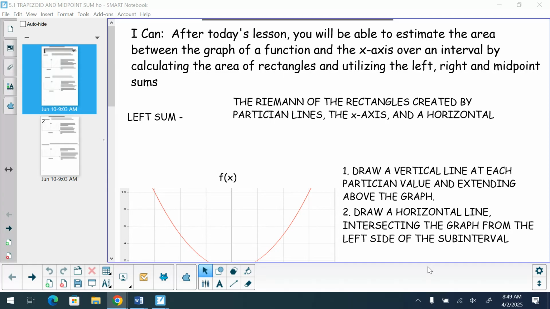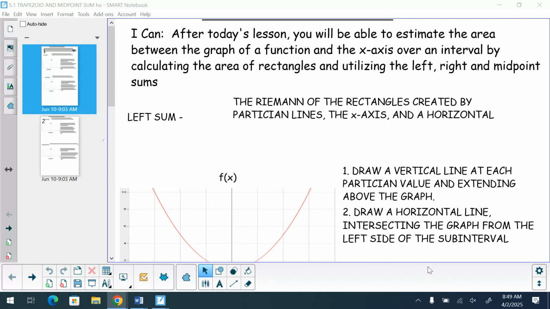We know the actual area will be somewhere between these 2 boundary values. We don't know where, but as delta x gets smaller, we get closer and closer and we squeeze in on the actual area. If we take a look at the left sum, these sums today will be a lot easier because we can just use subintervals. We don't have to have a picture here. We'll still go through the picture, but you can just work with the subintervals.